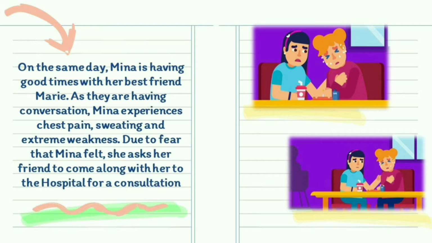On the said day, Mina is having good times with her best friend Marie. As they are having a conversation, Mina experiences chest pain, sweating, and extreme weakness. Due to the fear that Mina felt, she asked her friend to come along with her to the hospital for a consultation.